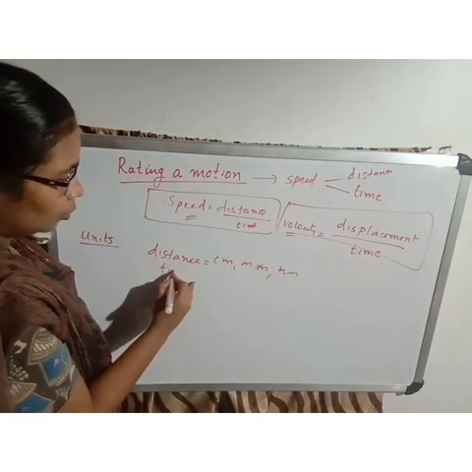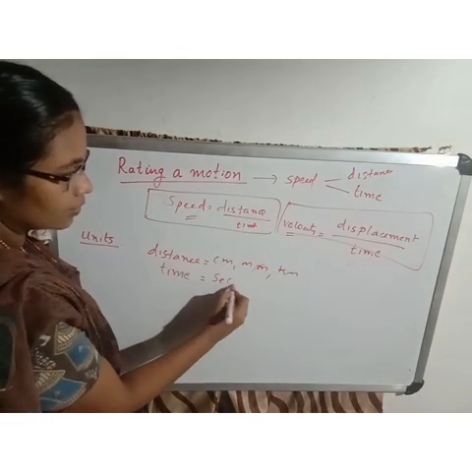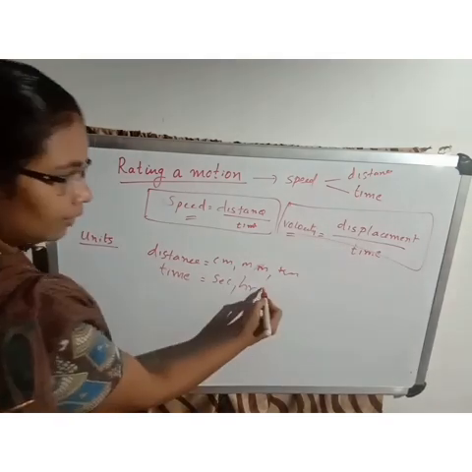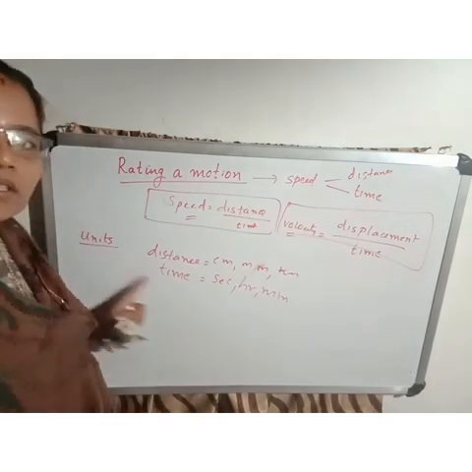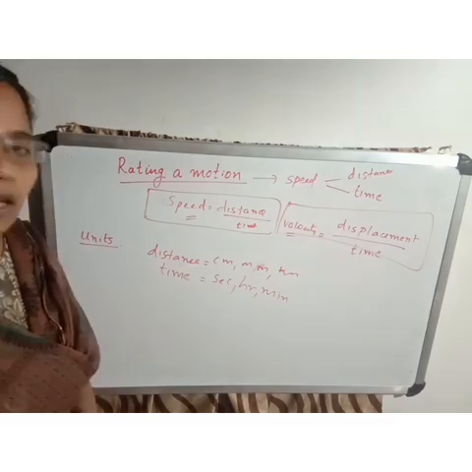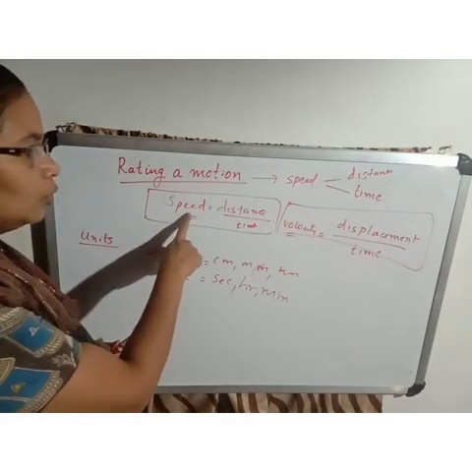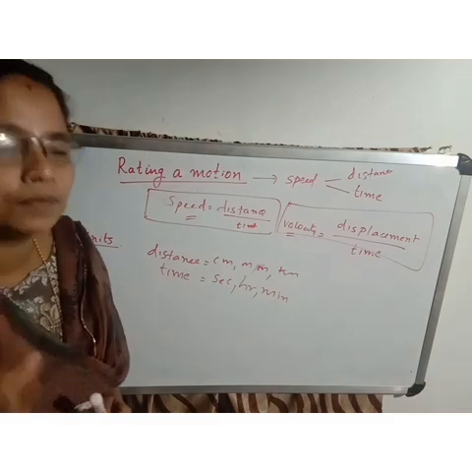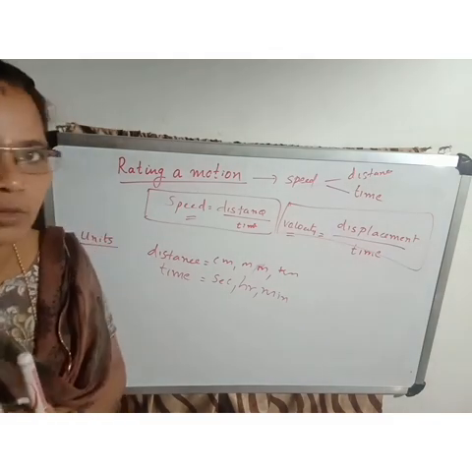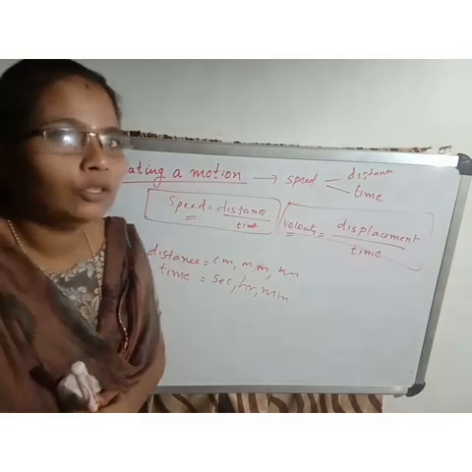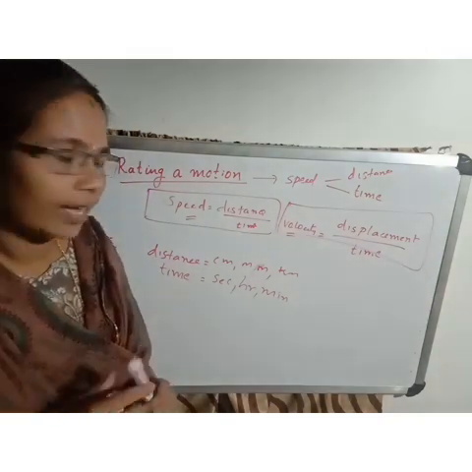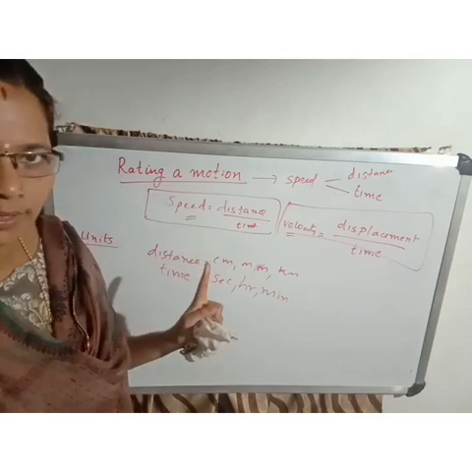Likewise, the units of time are seconds, minutes, hours. All these are units of time. Now we are going to find the unit of speed. In physics we have a procedure. In order to get the unit of a physical quantity, just write the equation of that quantity.